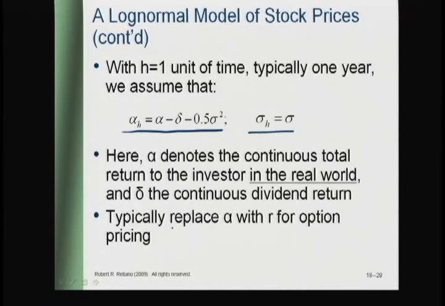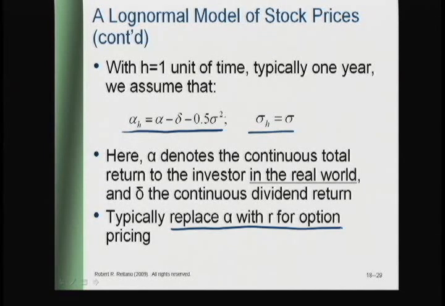And I make a note here: don't be confused by the calibration of these models. It's typical that if we're dealing with real-world models of stock prices, we'll use alpha, where alpha is our estimated continuous total return to the stock. When we're dealing with option pricing, we don't want to use alpha.